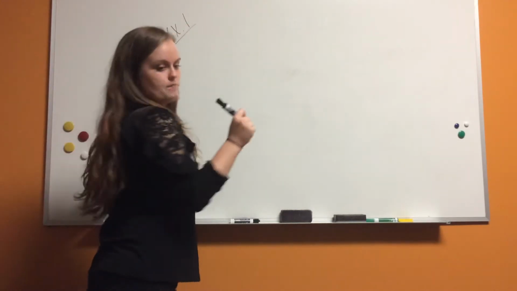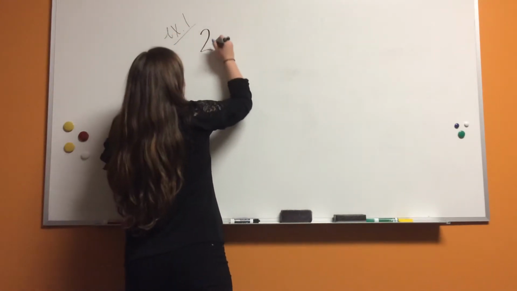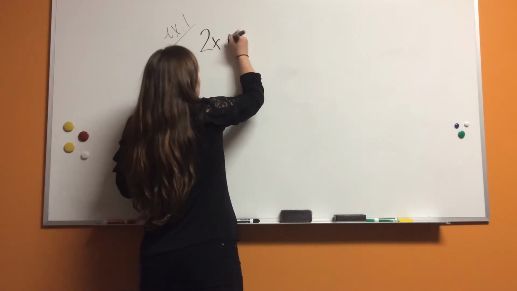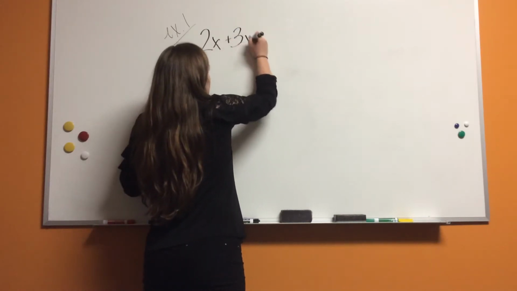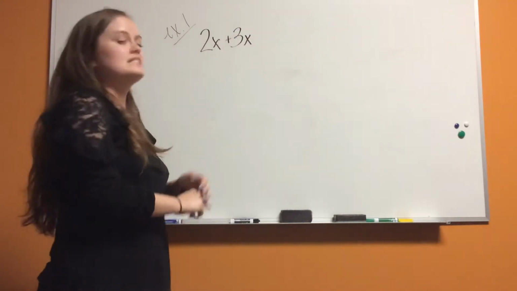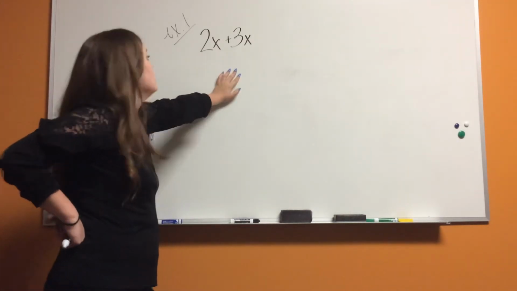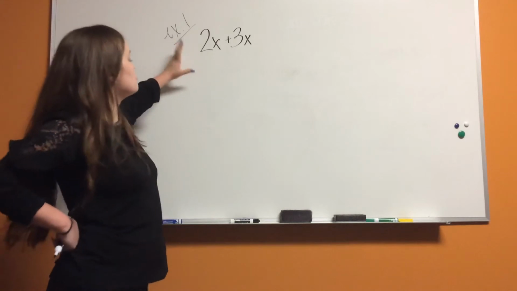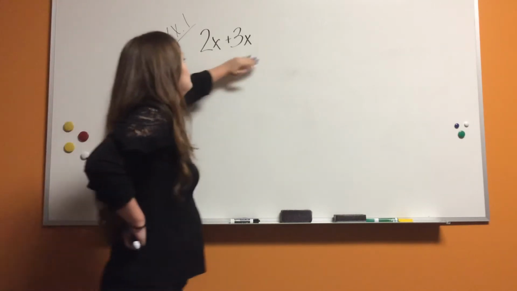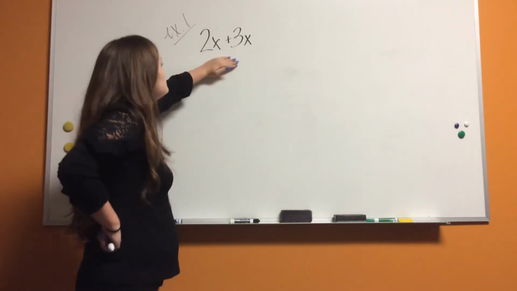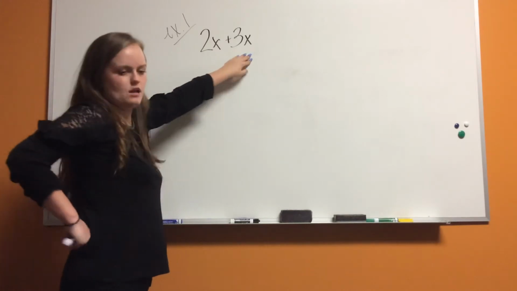So my first example is going to be 2x plus 3x. So since this isn't an equation, we're just simplifying, we want to know how to write this with shortest terms as possible, okay?